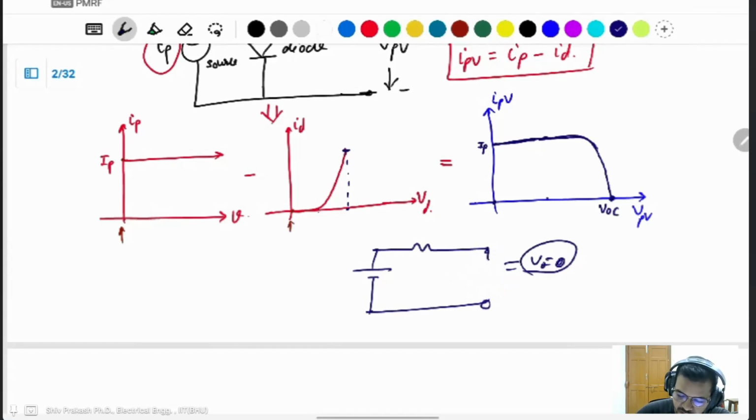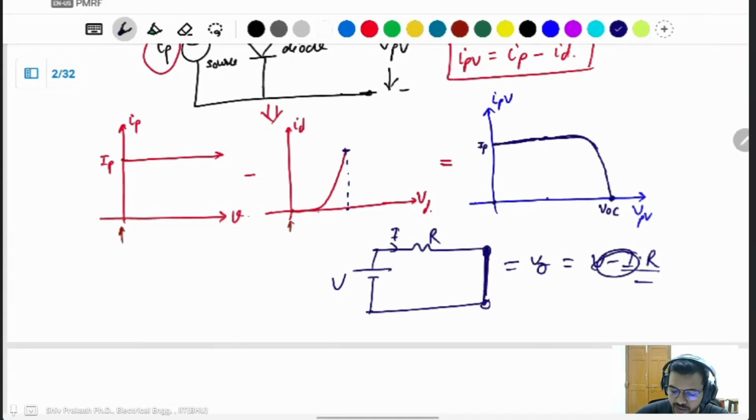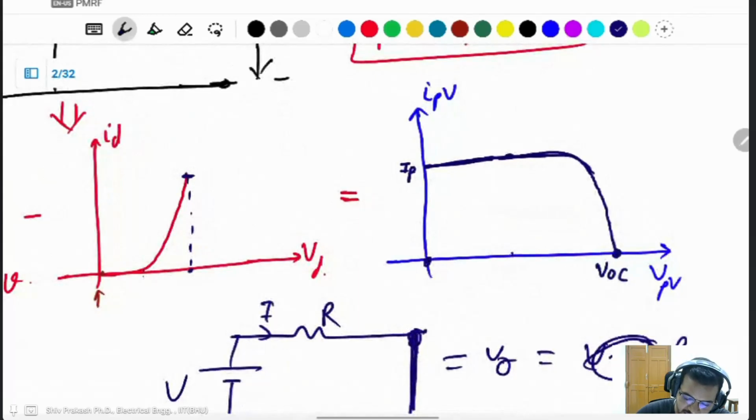If you connect a resistance R, then the output voltage is V minus I into R. But if you short the two terminals, then this will be 0 because the two terminals are the same. That's why this will be short circuited. At the short circuit condition, current is flowing. That current is known as the short circuit current. This is the PV characteristic.